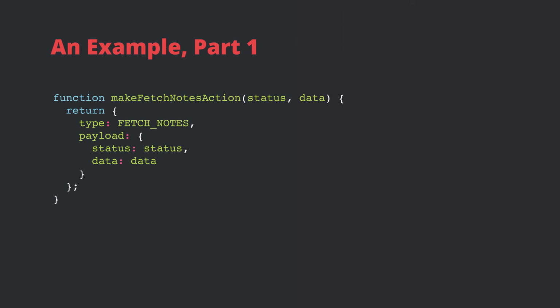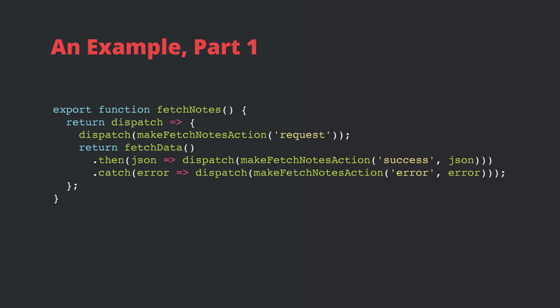So we'll create a little function that takes a status and takes data and then generates an action. In this case, the type of the action is always fetch nodes. In the payload, we'll specify the data if we have data, and we'll specify status, which could be requested, received, or failed. And then here's how our code is going to look for actually handling it.